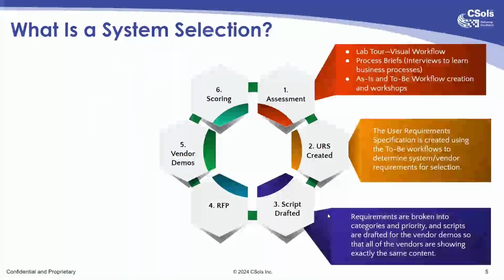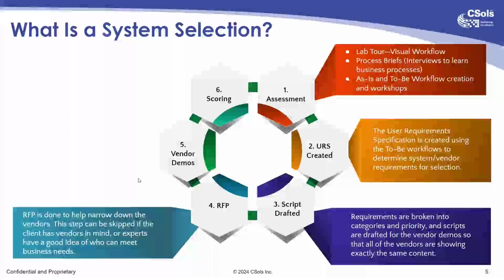Next, our requirements are broken up into categories, and we also assign priority to these requirements. We take those requirements and we generate scripts. And those scripts are drafted for our vendor demos so that all of the vendors are showing exactly the same content, and you're able to see the full workflow using those scripts.